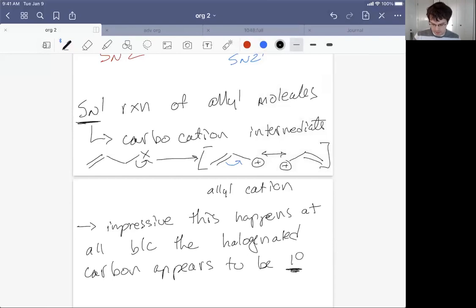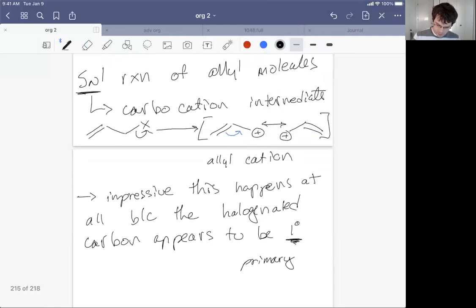And if it's primary, primary won't form cations.